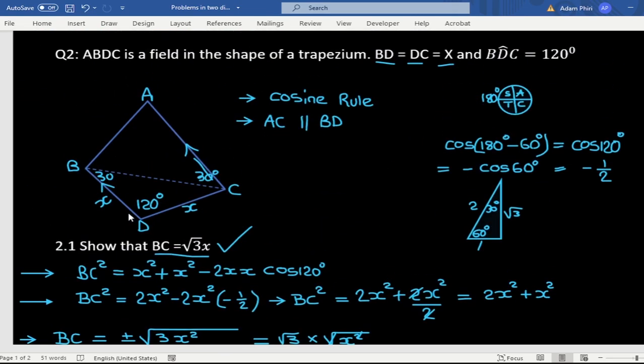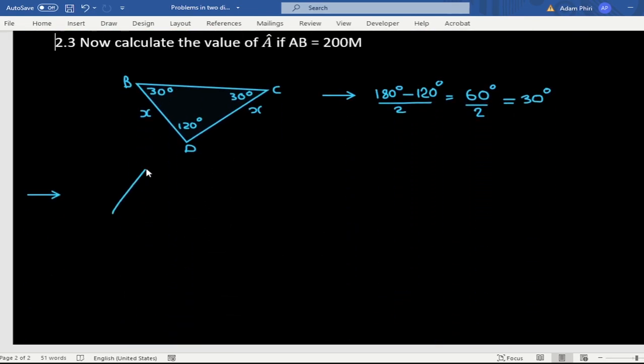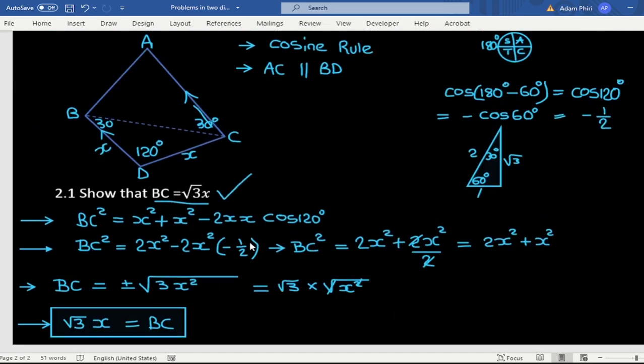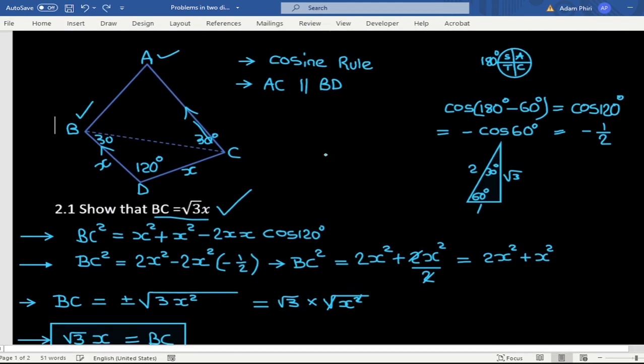So now we have to resketch the triangle. So that will be triangle ABC.